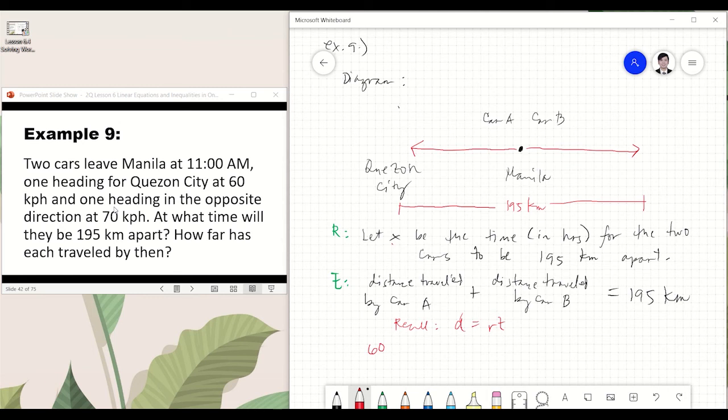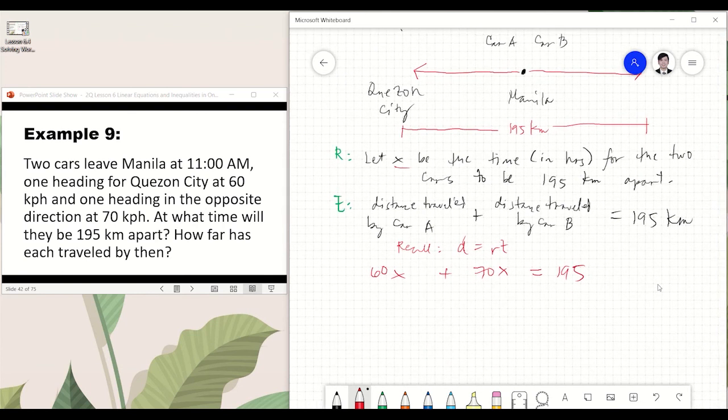Hindi pa natin alam yung time. So, x plus yung rate ng ating car B, which is 70. Hindi pa natin alam yung time. So, 70x is equal to 195. So, ito na yung equation natin. So, let's try to solve it already.